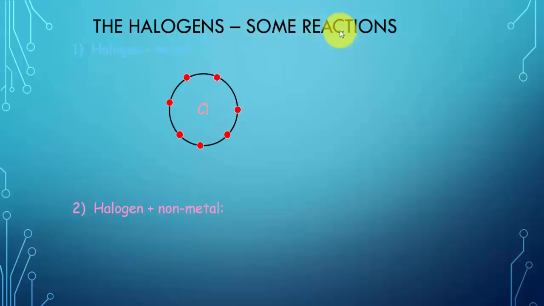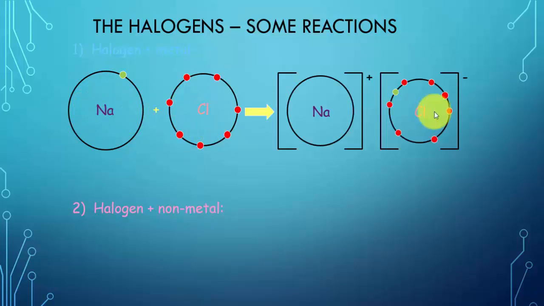Halogen reactions. Halogen with metal, such as sodium reacting with chlorine to give sodium chloride. This bond is called covalent bond or ionic bond? Excellent, ionic bond, because sodium is metal and chlorine is non-metal. Sodium gives a positive charge because it loses 1 electron, and chloride gives a negative charge because it wants to gain 1 electron.